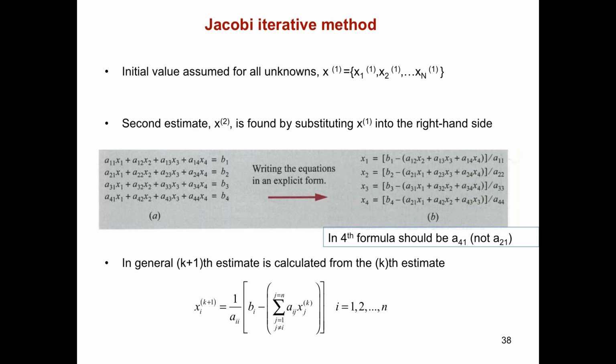However, and some of you actually made that mistake while doing the practice exam, if you use the most updated values, so once I computed x1 for the next iteration, I have this new update for x1. If while computing x2 I'm using that newly computed x1, I'm a little greedy, then I will get the Gauss-Seidel method.